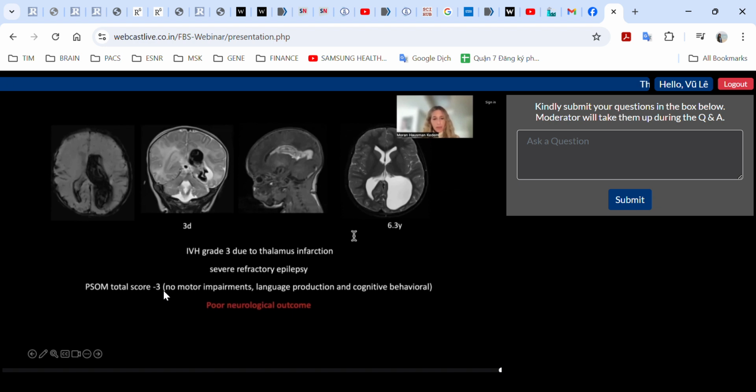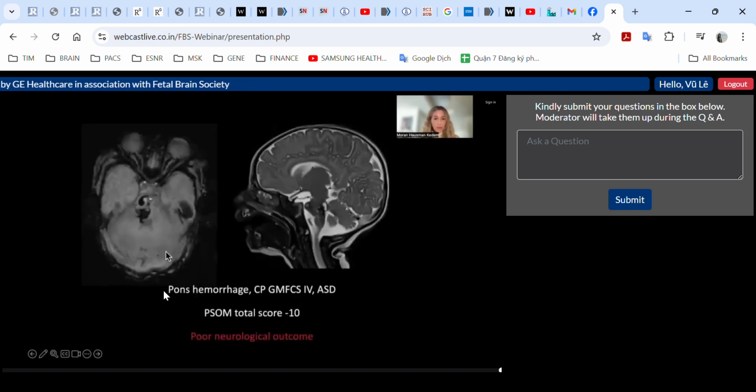Although he has no motor impairment, he has language issues and cognitive behavioral issues, and he got a poor neurological outcome. And again, the take-home message here is that epilepsy is a modifier of outcome and can be predicted by the involvement of the thalamus to some extent.